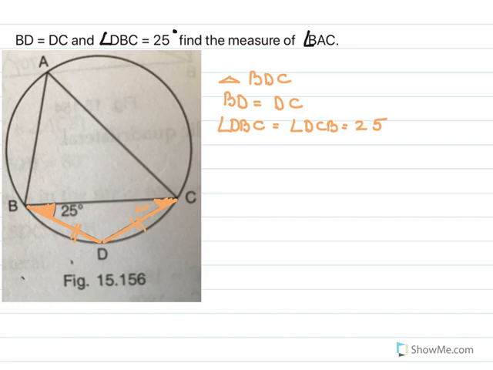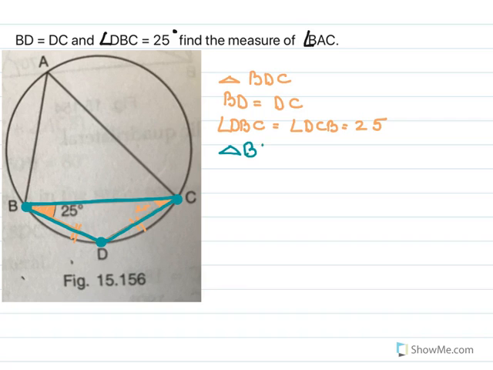Now we'll take up the triangle DBC. Here is the triangle. And in this triangle DBC we have 3 angles which will be equal to 180.